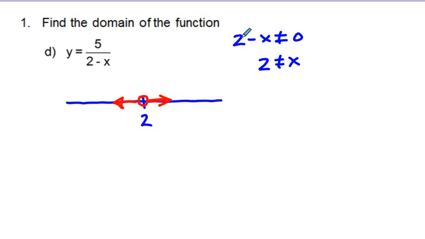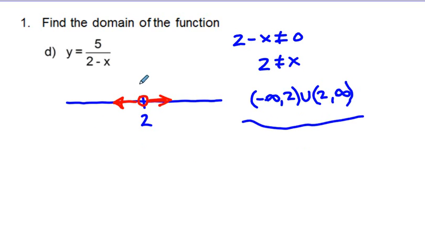So in interval notation, we would articulate this domain as negative infinity up to 2, and then also 2 to infinity. And what do we place in between these intervals? We place a U for union. So that's what this would look like.